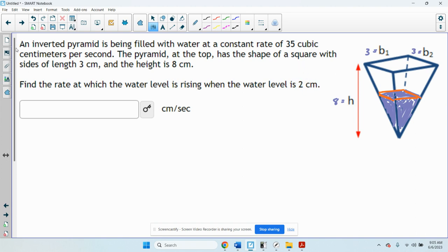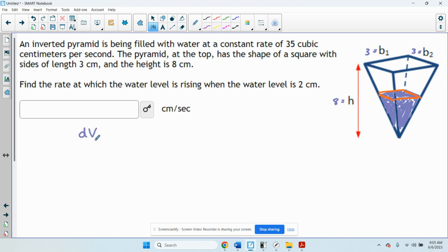So the first thing you want to do with all these related rate problems is just list all the given information that you have and then figure out what it is you're actually looking for. So this says that an inverted pyramid is being filled with water. So this water that I added to the picture is increasing. The volume of this water is increasing.